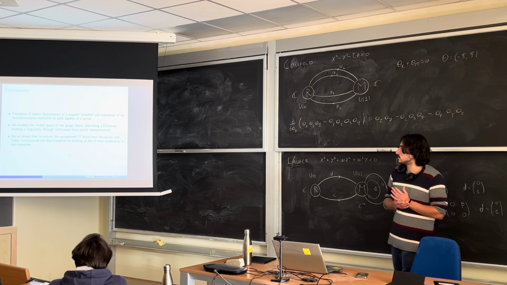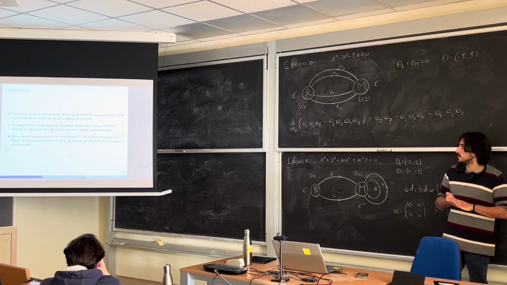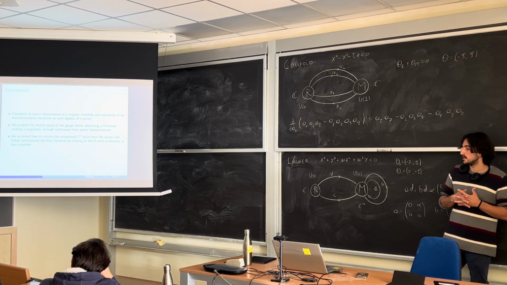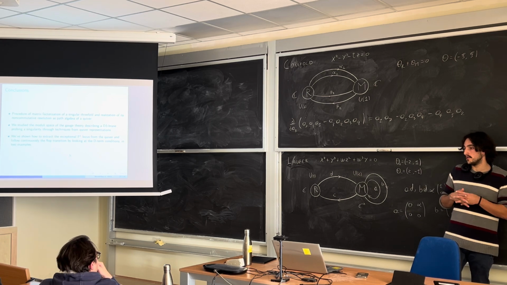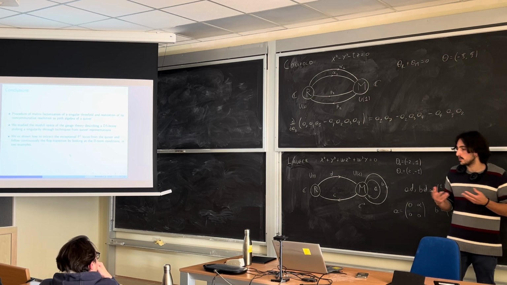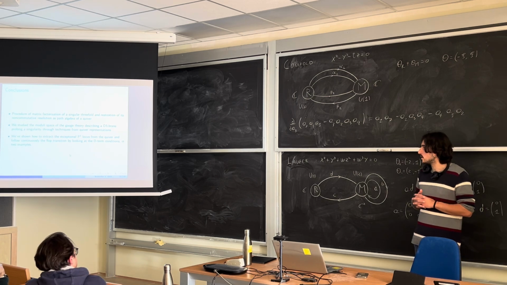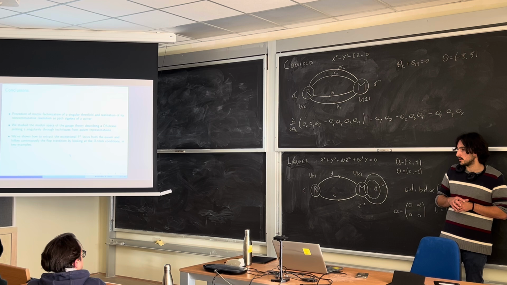In conclusion, in this talk I recalled the procedure of matrix factorization for singular threefolds and how we can find non-commutative resolutions and study the path algebra of the quiver they produce.